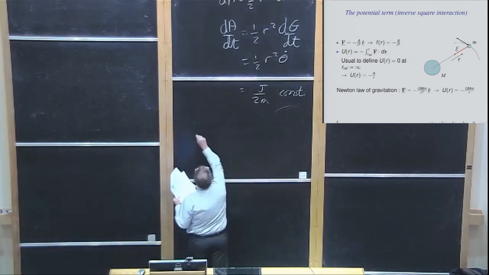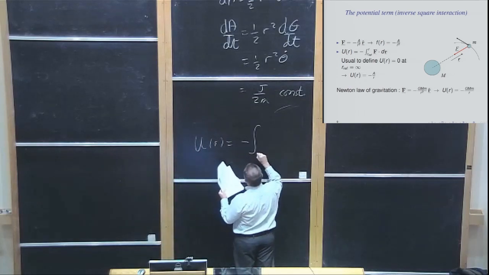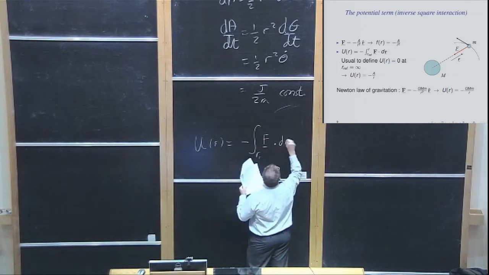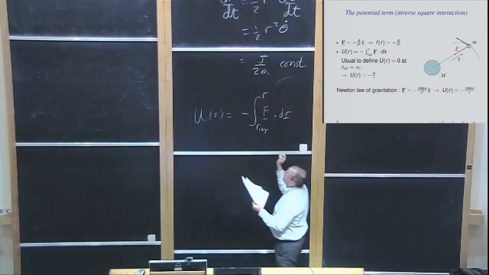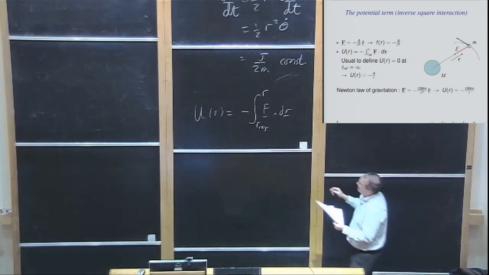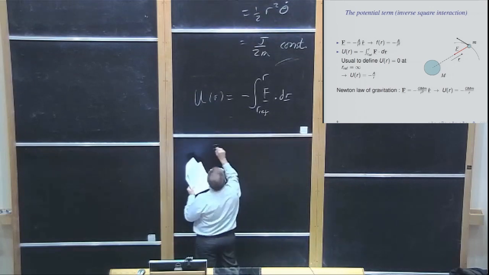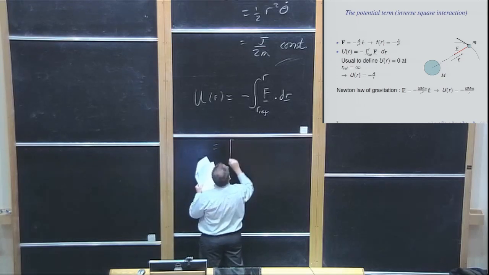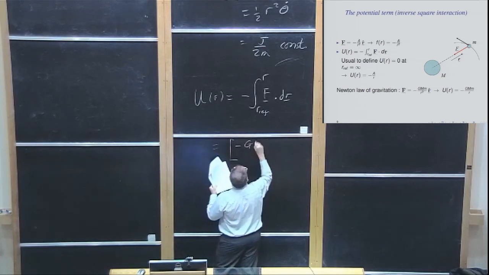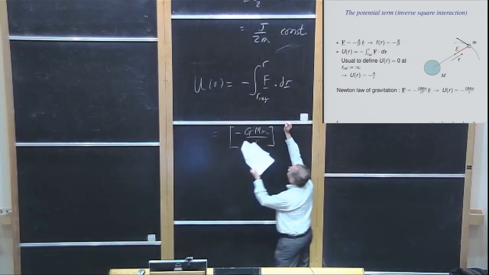So the potential energy is just given by minus the integral of F dot dr, where we go from some reference point to some point of interest, which we define as r. Okay. So the reference point, well, we'll come back to what the reference point is, but we see that certainly in the case of gravity, if you do this integral, you end up retaining the minus sign, and of course the dependence becomes 1 over r.